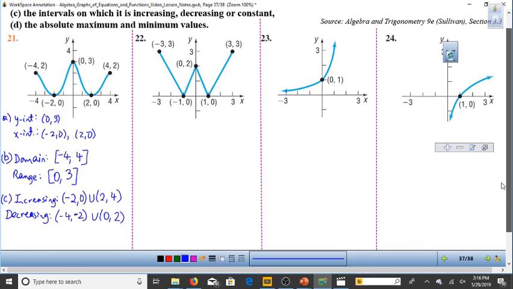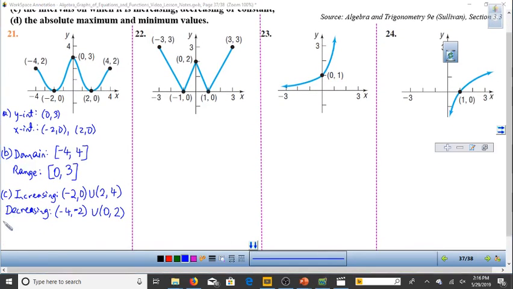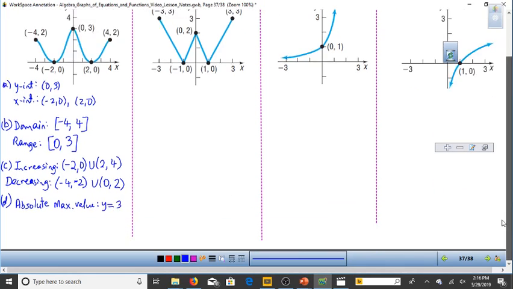Part D, absolute maximum and minimum values. So absolute maximum, that means the overall highest point on the graph, is 3, and that's the highest point on the graph, and that occurs at x equal to 0.